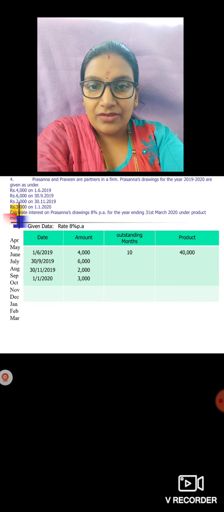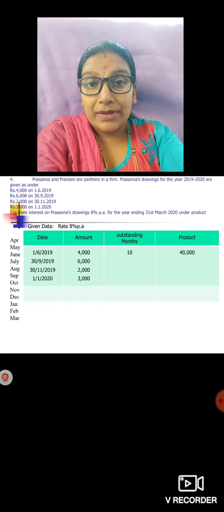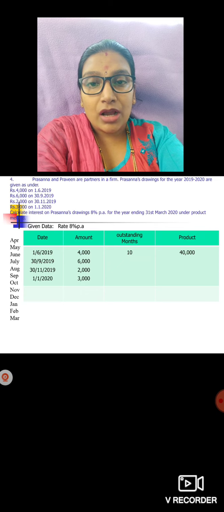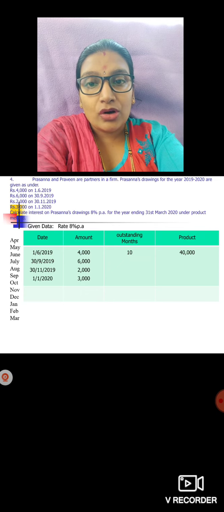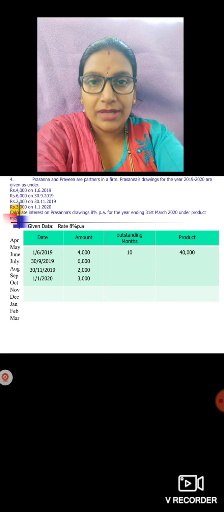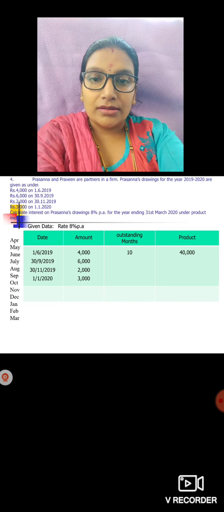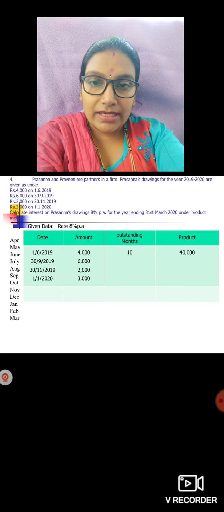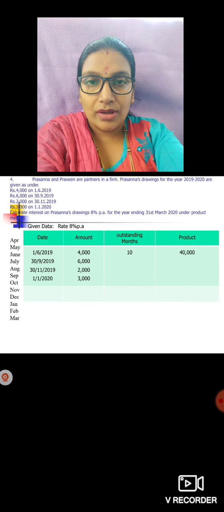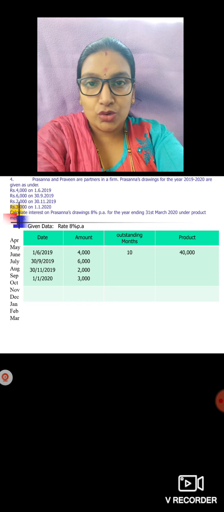Then the second withdrawal on 30/9/2019. It is September, but here you should count from October, because he withdrew the amount at the end of the month, not at the beginning. If it is at the beginning, you count the current month. For 1/6, we counted June also.